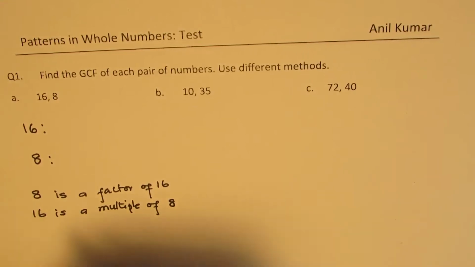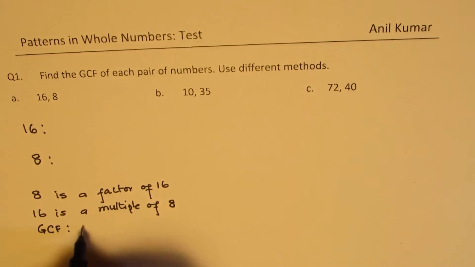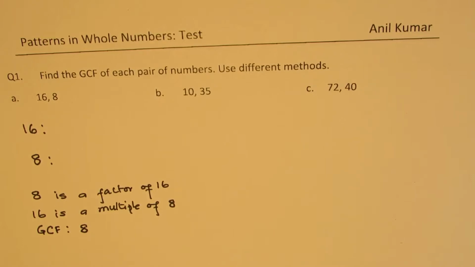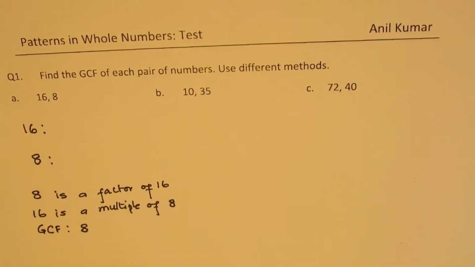So in this case, for sure, the greatest common factor should be 8, right? Factors are smaller numbers, right? So we have our answer 8, since 8 is a factor of 16 itself, right?